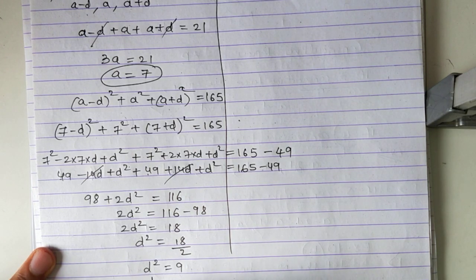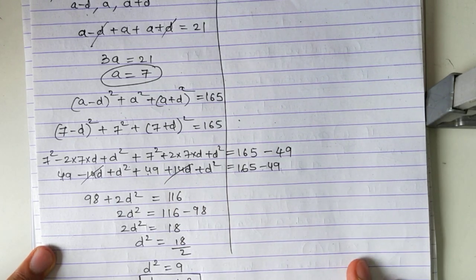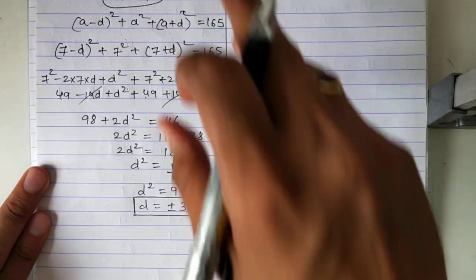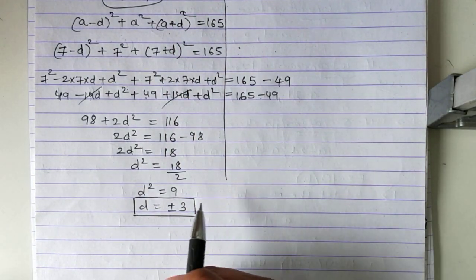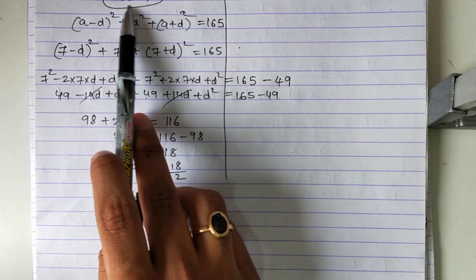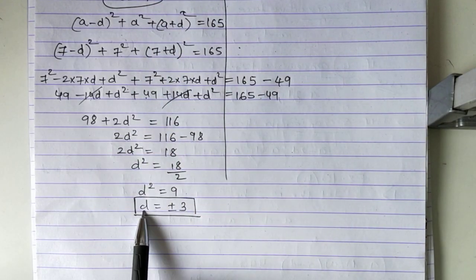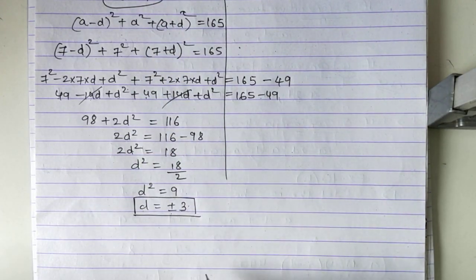So d is plus minus 3. Plus minus 3 is important because we have got a as 7, correct, and d can be plus 3 also or d can be minus 3 also.